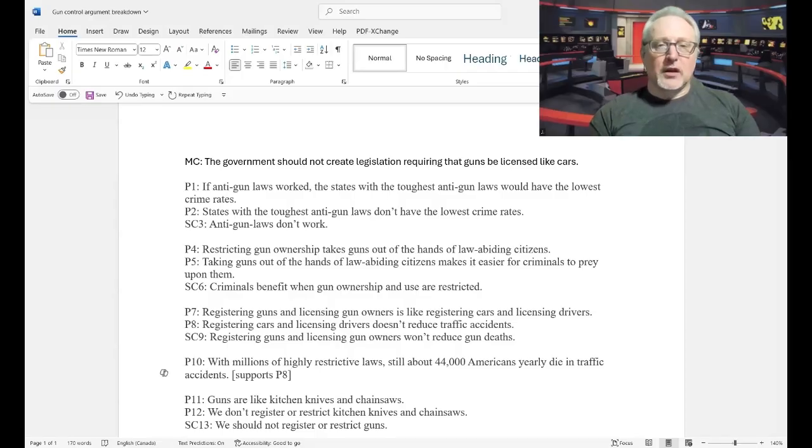And isn't it nice that we can refer to the premises by numbers instead of having to write out the whole thing? Having the numbers is especially useful if we decide that we need to construct an argument diagram.